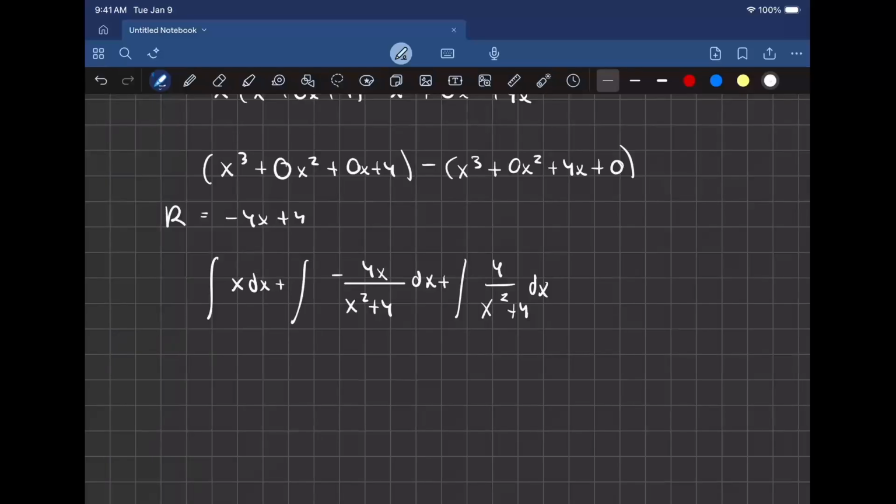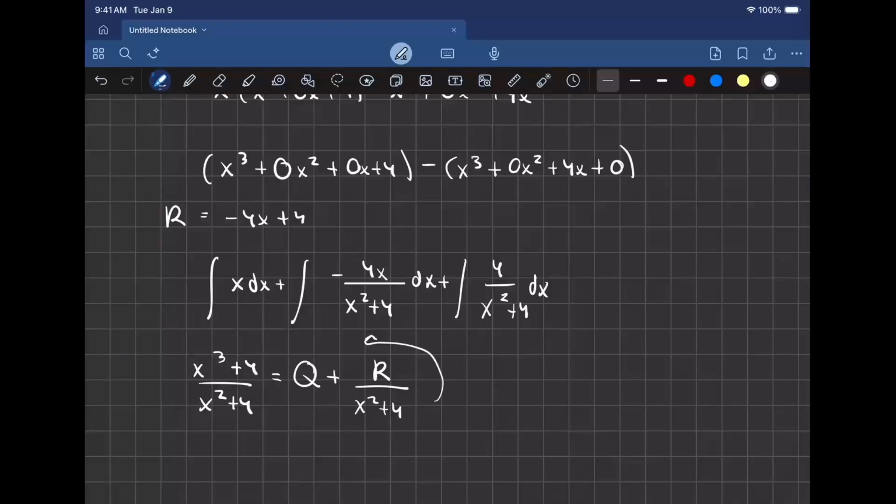So what this looks like is that we split up x cubed plus 4 over x squared plus 4 into some quotient, which in this case we found to be x, plus a new fraction which just has the remainder, which is minus 4x plus 4 over x squared plus 4. And that's what we've set up here to integrate.